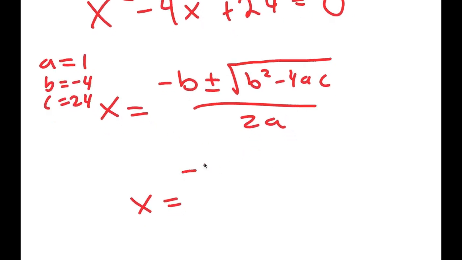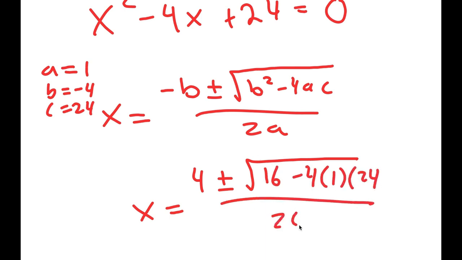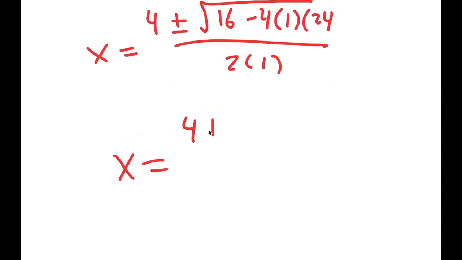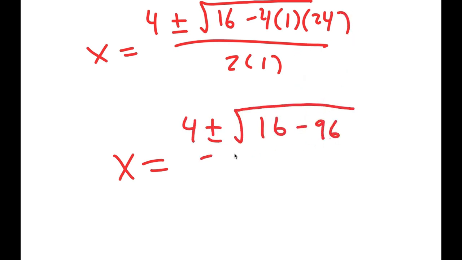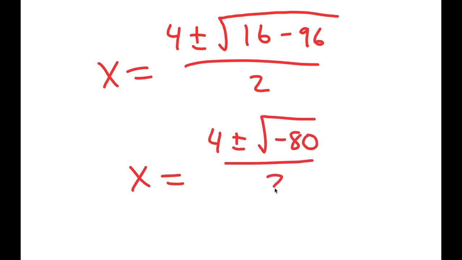So I get x is equal to negative negative 4, positive 4, plus or minus the square root of b squared, which is negative 4 squared, which is 16, minus 4 times a, which is 1, times c, which is 24, all over 2a, so 2 times 1. Now this is equal to 4 plus or minus the square root of 16 minus 24 times 4, which is 96, all over 2, which is equal to 4 plus or minus the square root of negative 80 over 2.